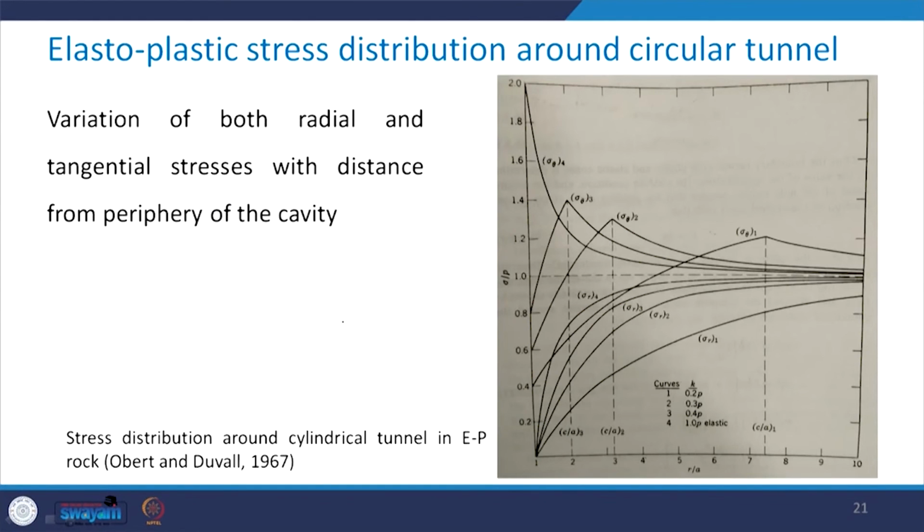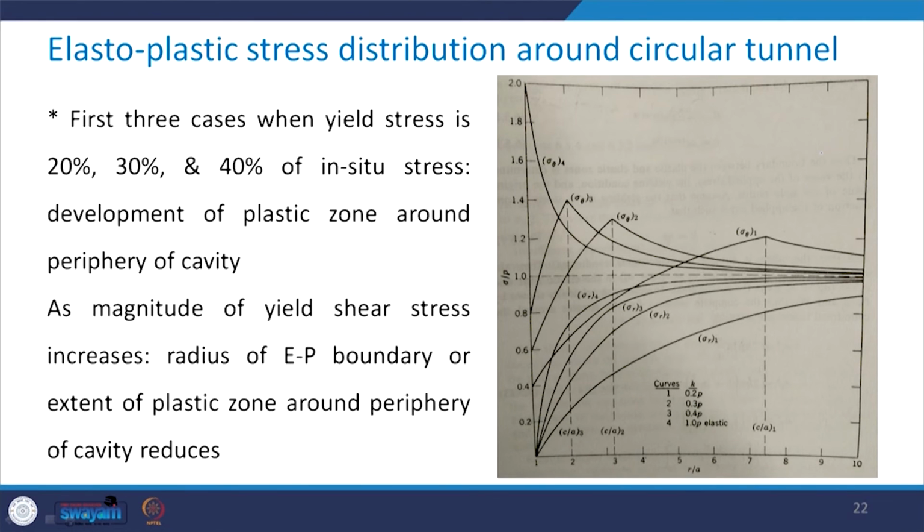Now, the variation of both radial and tangential stresses with the distance from the periphery of the cavity has been shown in this figure. Let us try to see some of the typical features with respect to this stress distribution one by one. Here we are taking 4 cases, 1, 2, 3 and 4.